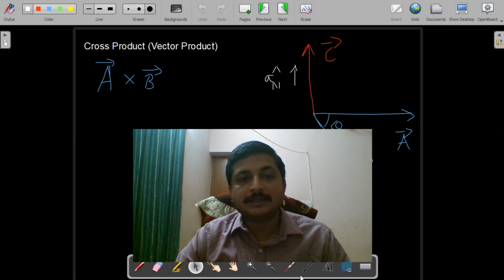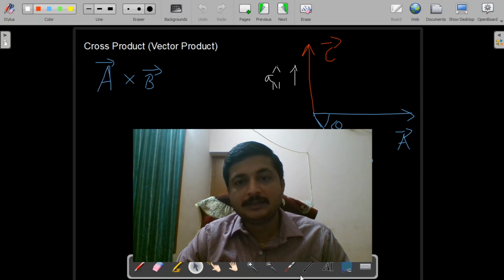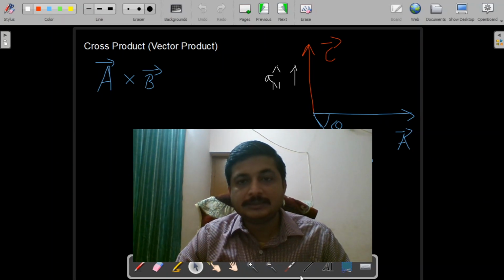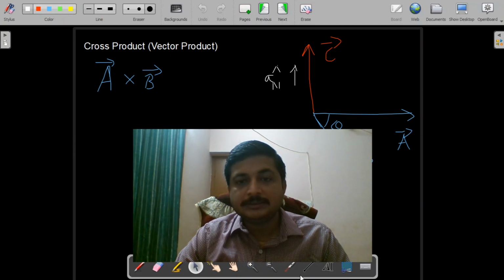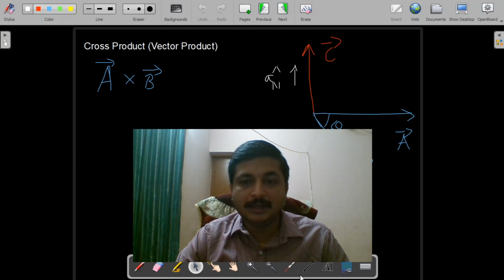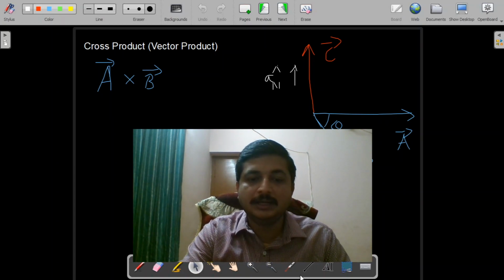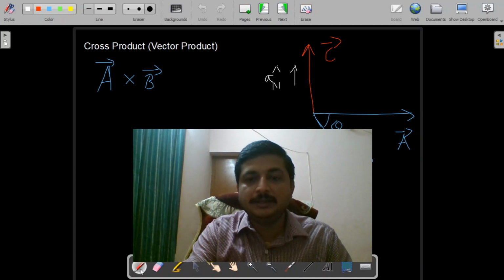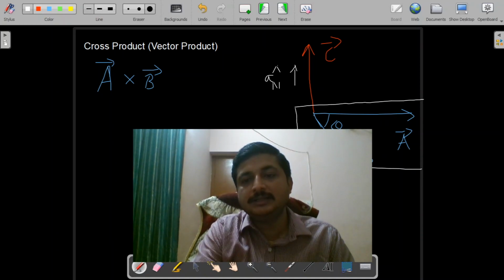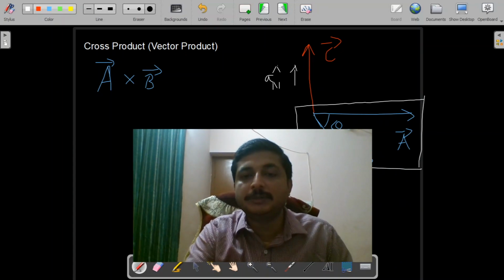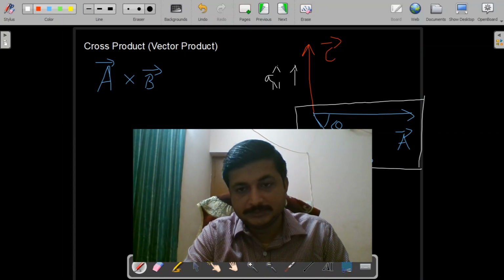Then the resultant vector after the cross product will be something like C vector, which will be normal to the plane containing A and B. If this is a plane, then the C vector is normal to that plane.